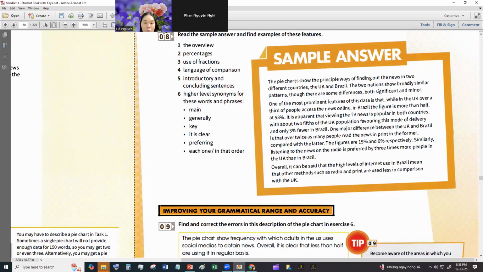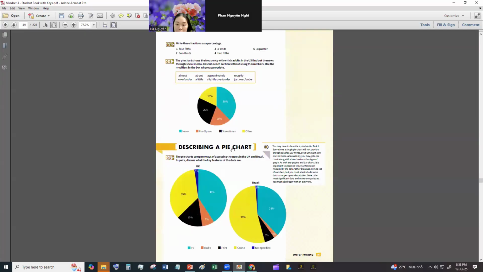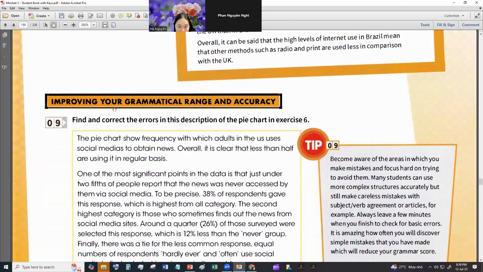Now, I'd like you to move to improving grammatical range and accuracy. Previously, we've learned how to describe a pie chart using fractions and percentages and modifiers of approximation language.